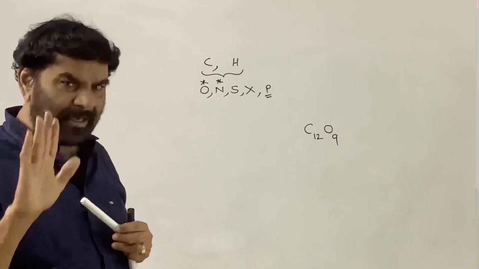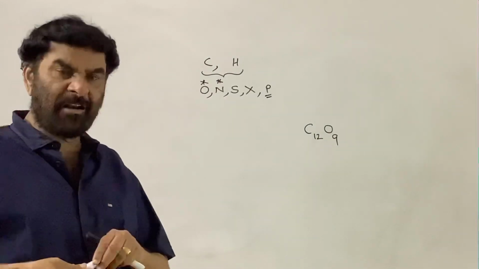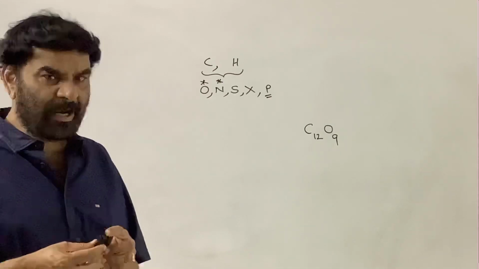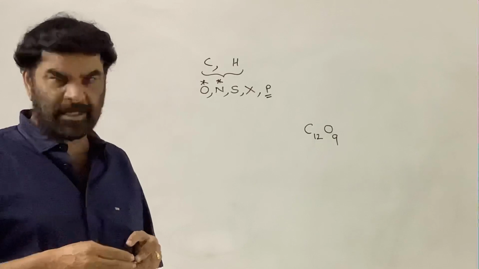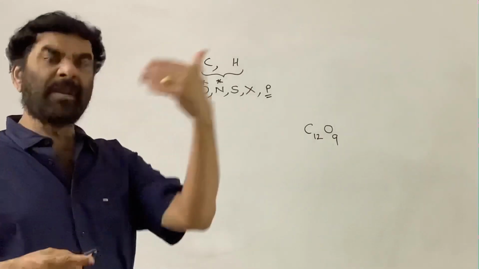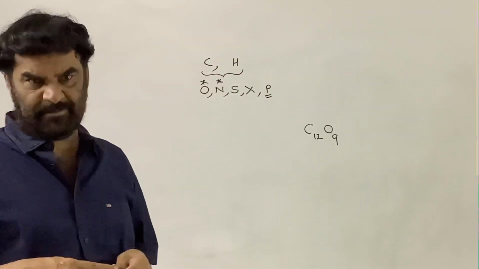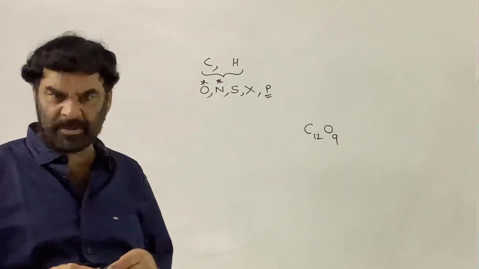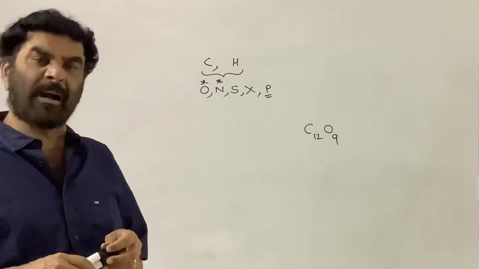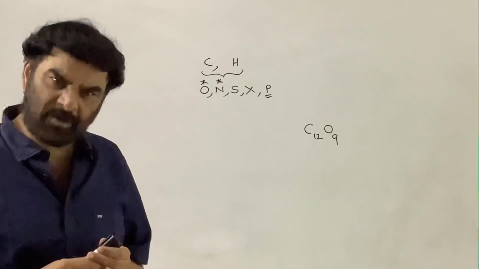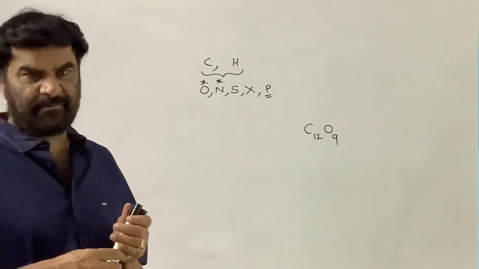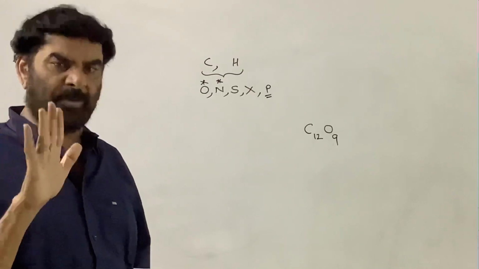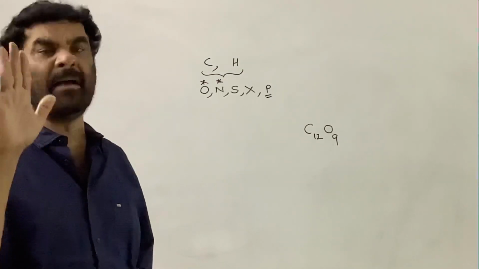But by seeing the exceptions, we cannot change our definition. In 1000 compounds, one given organic compound may not contain hydrogen. Majority of the compounds contain it; organic compounds without hydrogen are very, very rare. So we say that all organic compounds contain carbon and hydrogen.